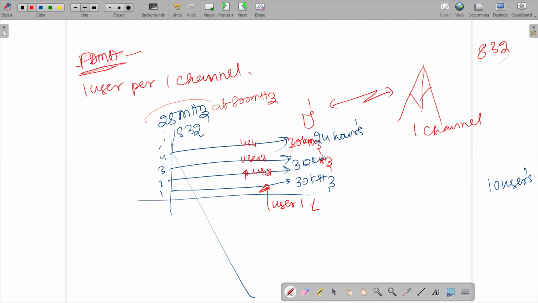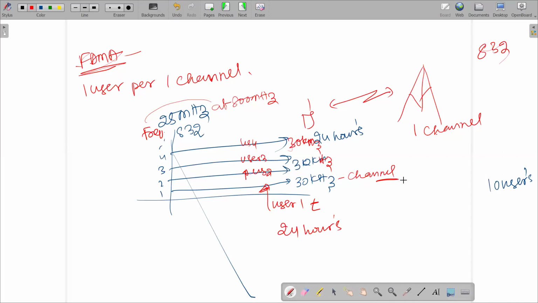So if I take this as the time axis and this as the frequency axis, if we have 24 hours on the time axis, and user one wanted to communicate 24 hours, then this channel will be in use for 24 hours. No one can use this.